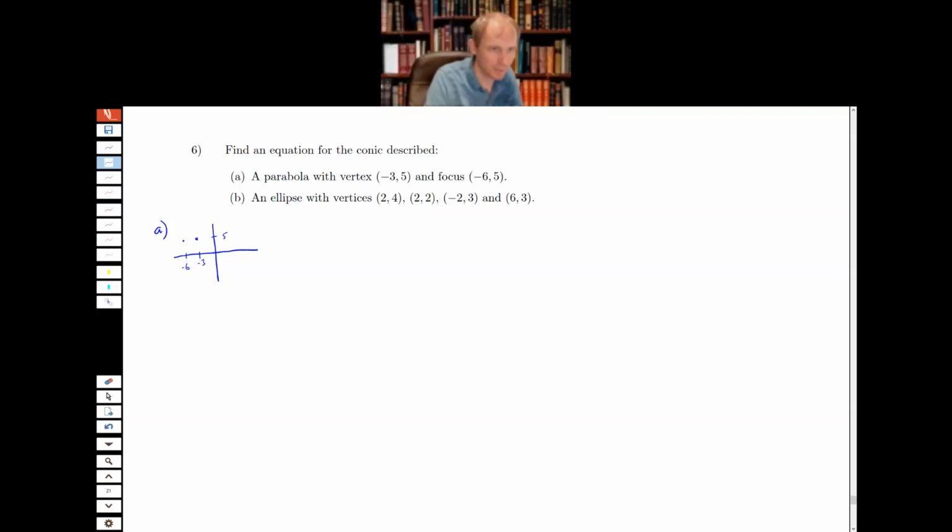That means the parabola opens from the vertex towards the focus. It's not necessarily going to hit at -6. I don't know where it's going to hit. But I can see I have some distance between the vertex and focus, a distance of 3. So I know that the p we had back here is 3.